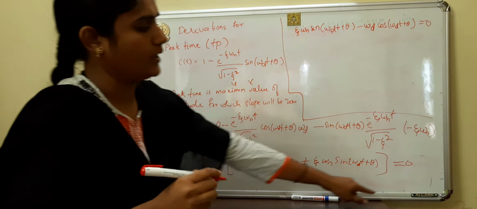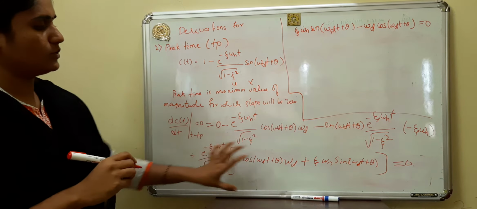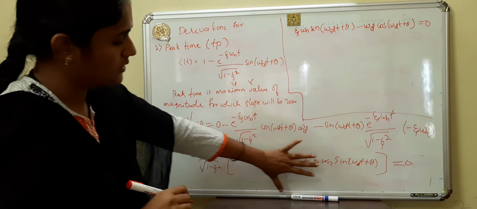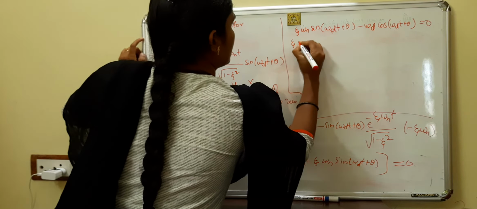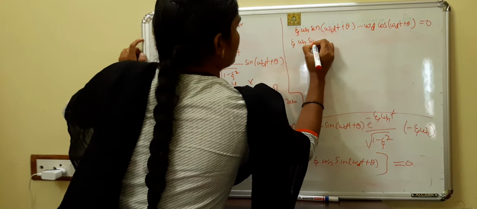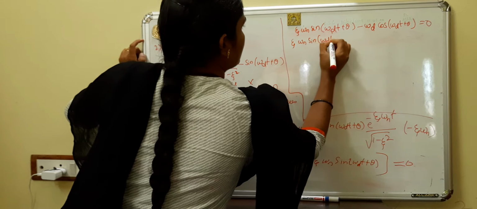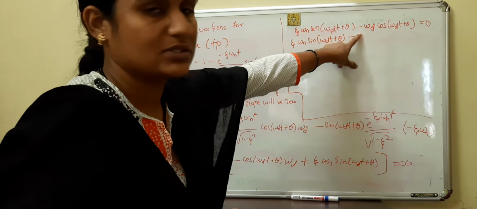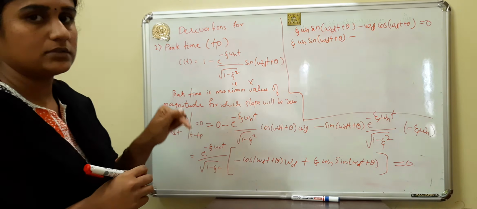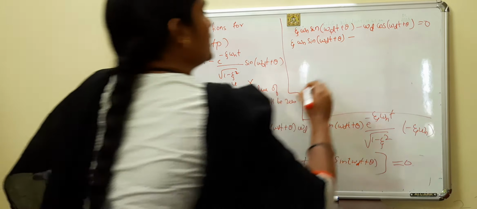Only the term inside the bracket remains. How can we express omega d? Omega d is equal to omega n square root of 1 minus zeta square.